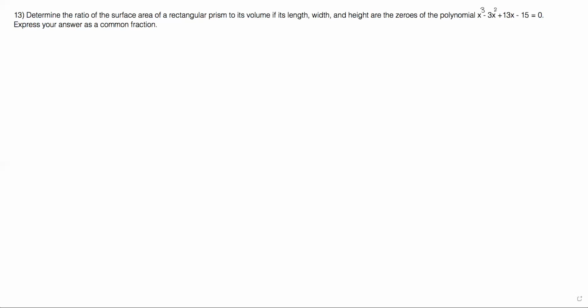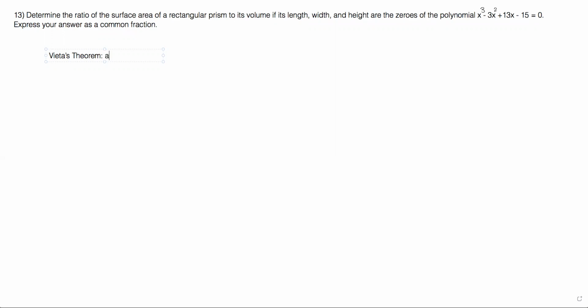Let's just go over what Vieta's theorem says real quick. Vieta's theorem tells us the following. If we have a polynomial function like this with real coefficients, let's call this ax to the third power minus bx squared.